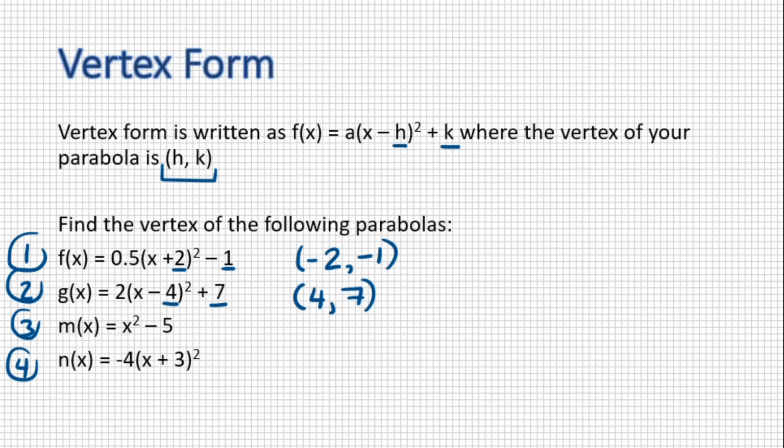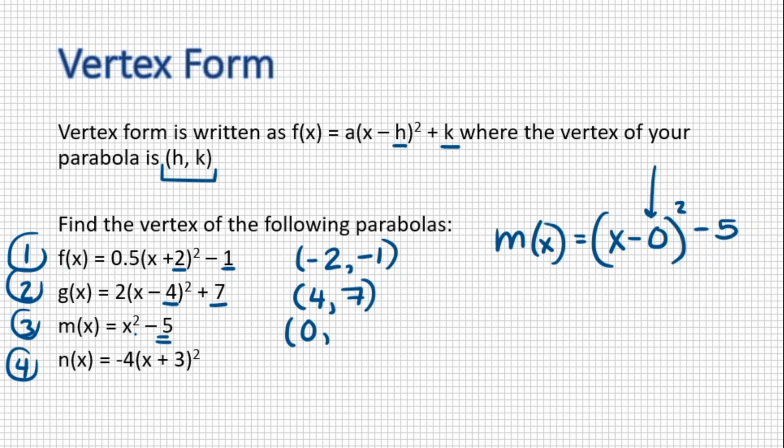So I'd like you to think of m of x equals (x - 0) squared minus 5. So this is a k value right here, but we only had x squared instead of (x - h) squared because the x of the vertex was 0. So if you see just x squared minus a number, the vertex is going to have an x value of 0, and then that -5 is the k or the y value of the vertex.